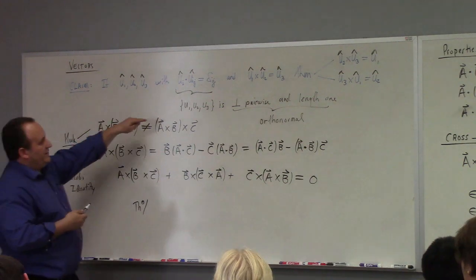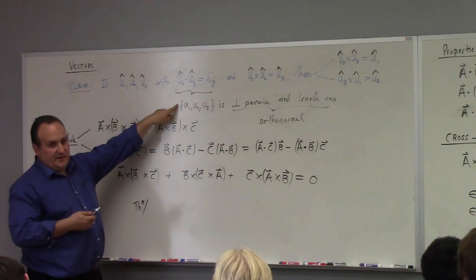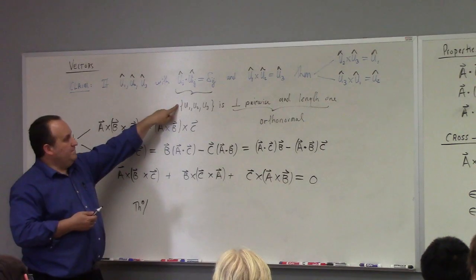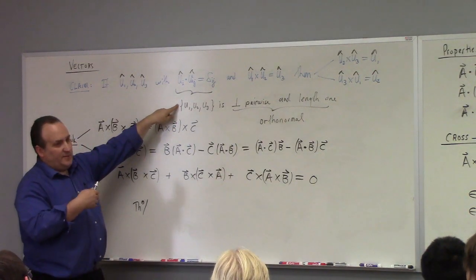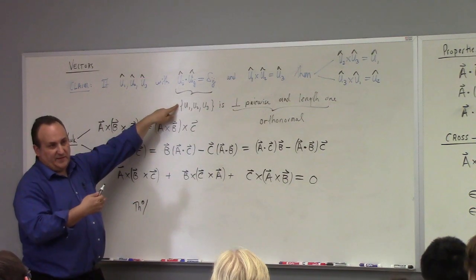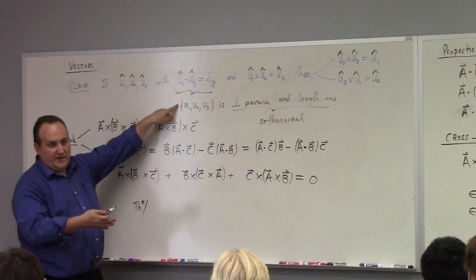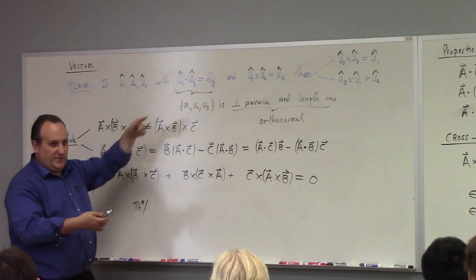If we have three vectors in 3 dimensions, and they're pairwise perpendicular and of length 1, that means they form a basis for 3-dimensional vectors. That means any vector can be written as a linear combination of these 3 vectors. Let me show you how.